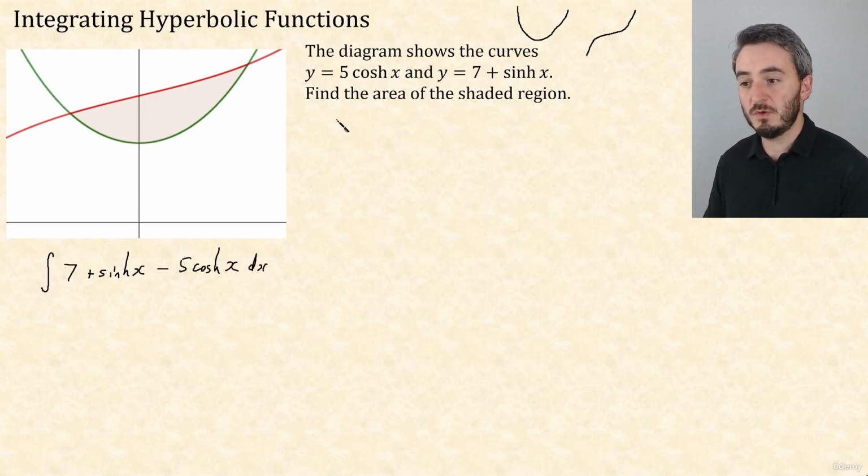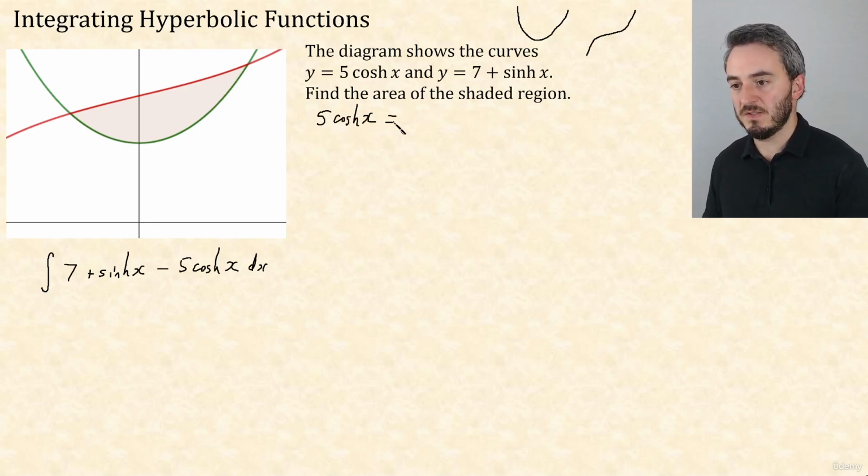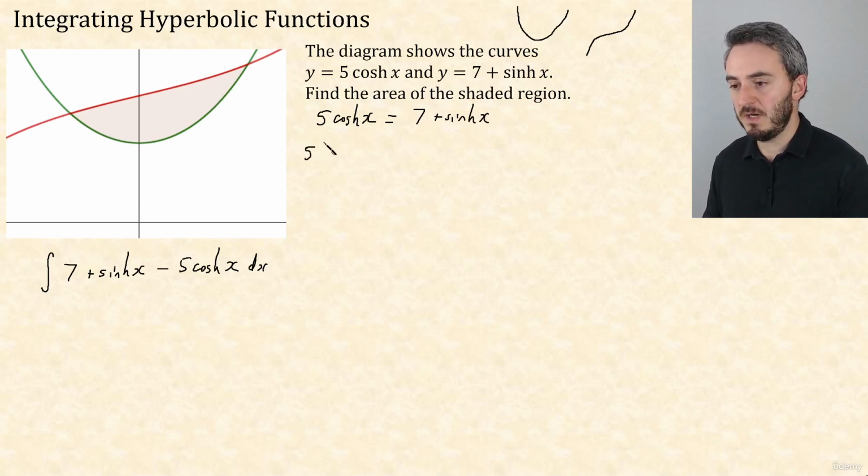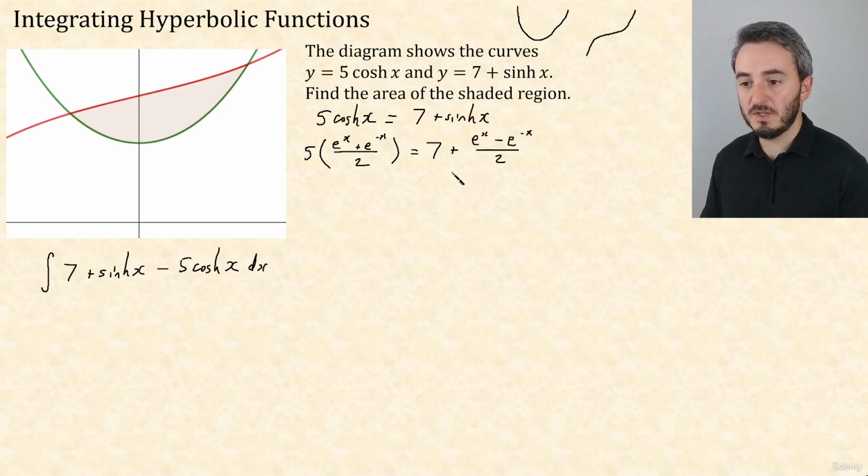The limits are when the curves are equal to each other, so when 5 cosh x equals 7 plus sinh x. Solving this, you basically have to convert everything into e's. So that's 5 times (e to the x plus e to the minus x) over 2 equals 7 plus (e to the x minus e to the minus x) over 2. Let's double everything and expand.